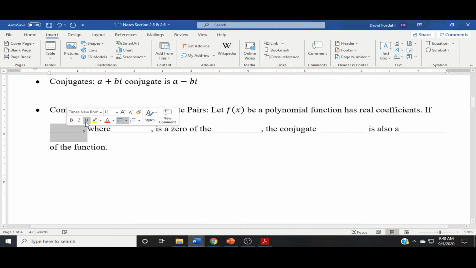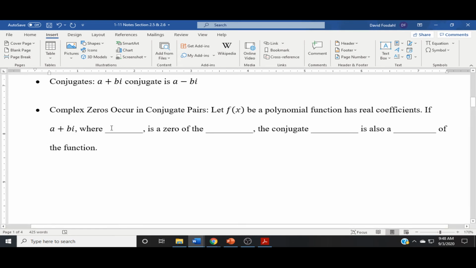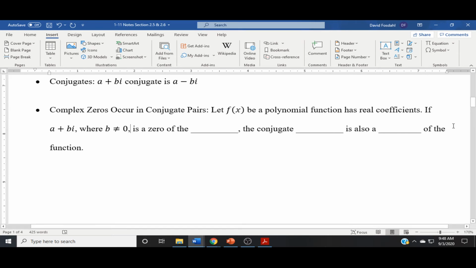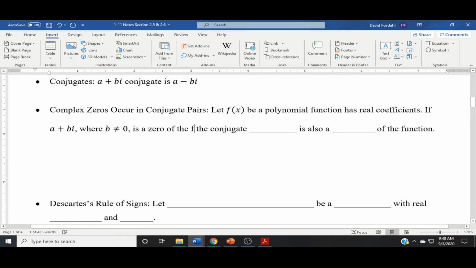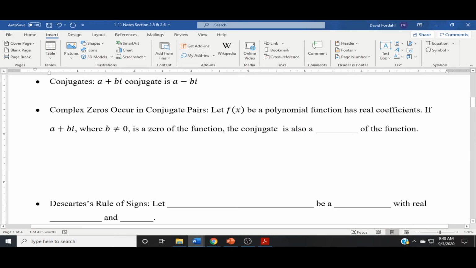If a plus bi, where b is not 0, is a zero of the function, okay, so if we got a complex zero, the conjugate, that is a minus bi, is also a zero of the function.